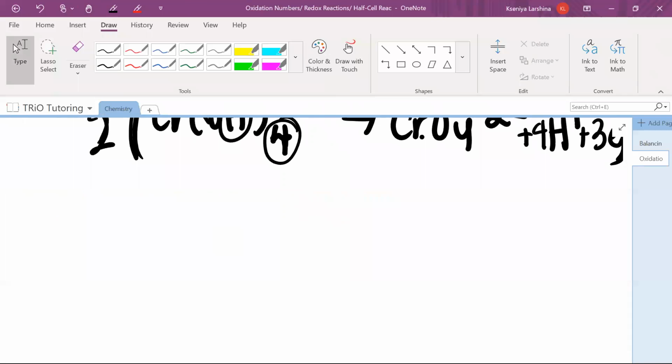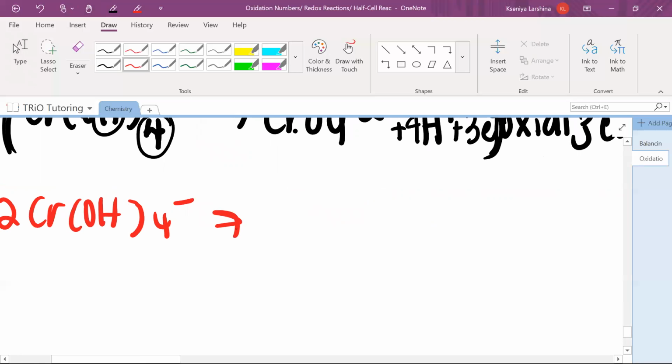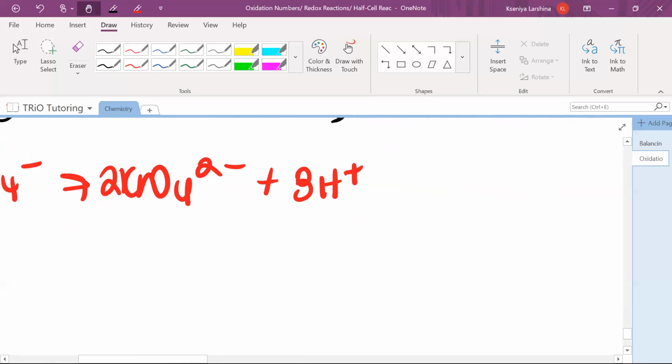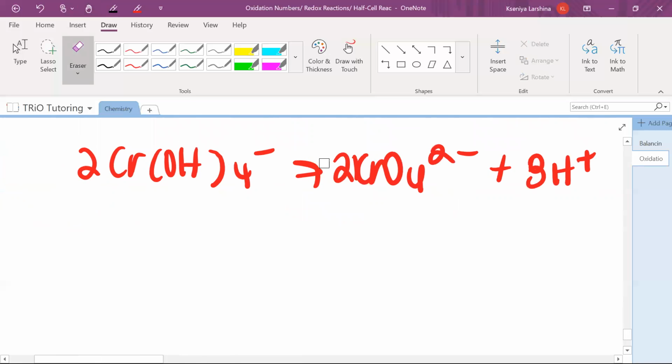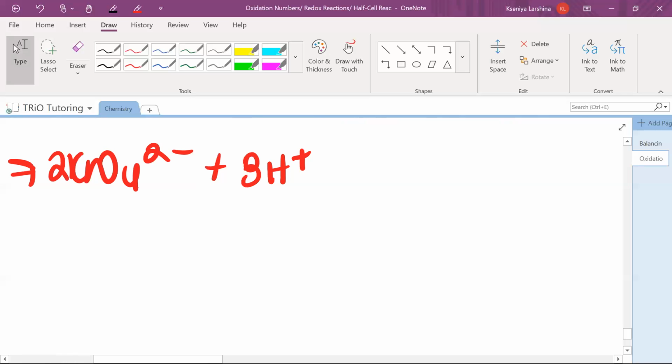Here we have 2CrOH4 negative going into 2CrO4 2 negative plus 8H plus and 6 electrons.